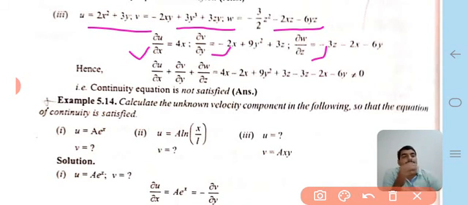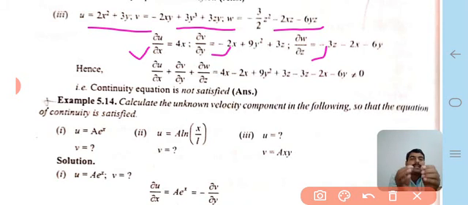And applying the continuity equation in three-dimensional flow, as we all know, del u upon del x plus del v upon del y plus del w upon del z is equal to 0. Putting in all these values, the sum is not equal to 0.